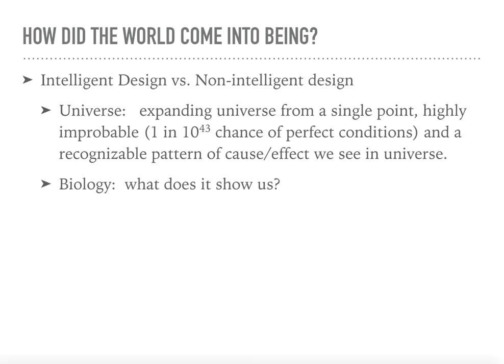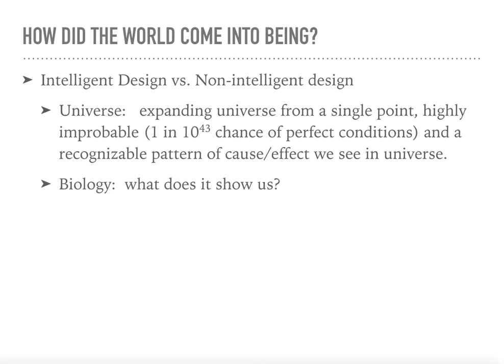So to review, the last 4 weeks we were talking about whether we saw signs of the world showing intelligent design versus non-intelligent design, and we were talking about the universe.